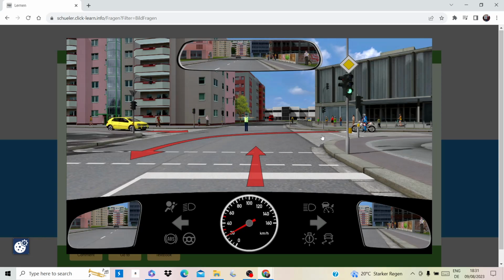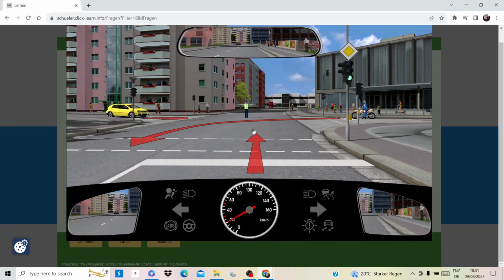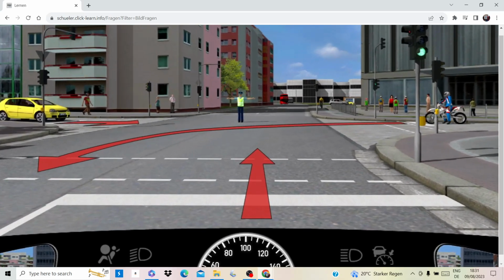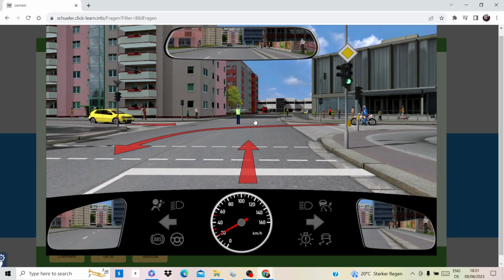The situation is that there is a police officer standing in the middle of the road directing traffic. Now, the rule of driving is that when the police officer is directing traffic, he must be obeyed.